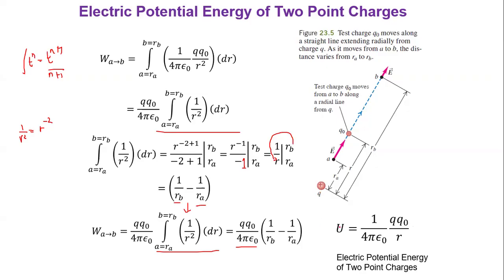So the electric potential energy of the 2-point charges is just equal to 1 over 4 pi epsilon naught, times the charge Q and the charge Q sub O, over R. The difference between this electric potential energy and the electric force is that the force has r squared, but the electric potential energy has only r.